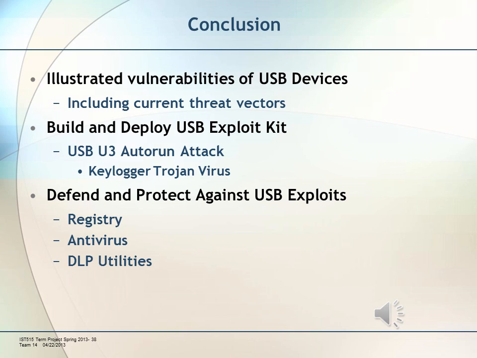After we attacked the host, we walked through the data that was collected, and we then discussed several options available that might be able to help prevent and defend against this style of compromise. Those were group policy updates that would disable AutoRun in the registry, specific configurations for antivirus to automatically scan USB devices when they're plugged into the system, and then data loss prevention utilities.